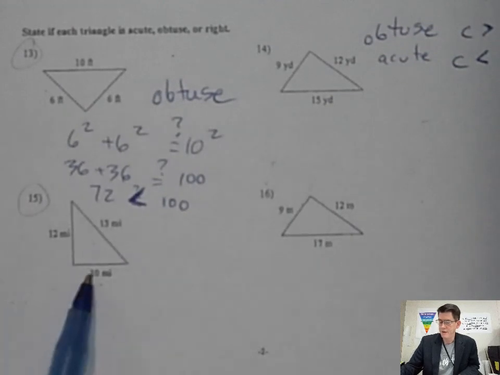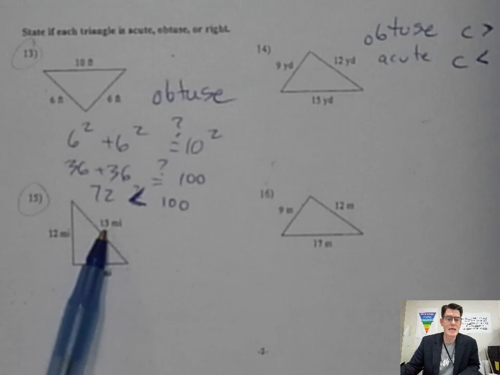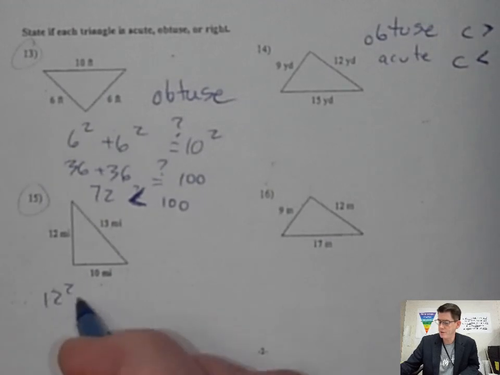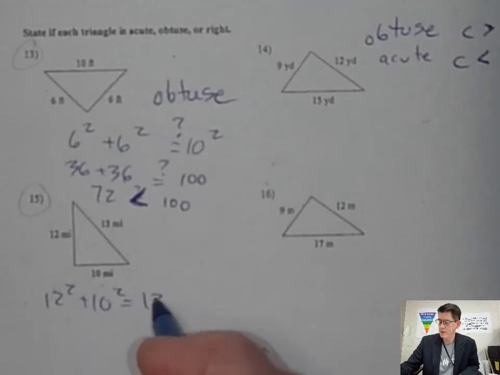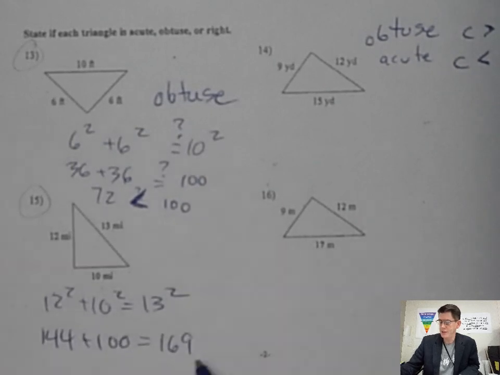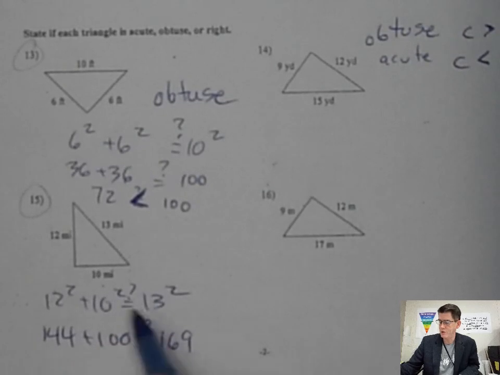Same process on 15. 13 is the C, it's the longest side, so that'll be the hypotenuse if it is one. So 12 squared plus 10 squared is 13 squared. So 144 plus 100 is 169. Maybe. How does that work out? We're trying to figure it out.